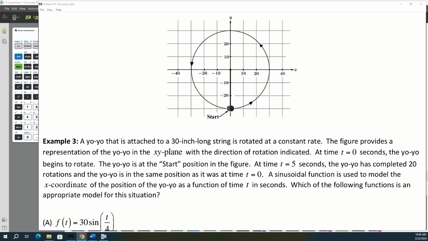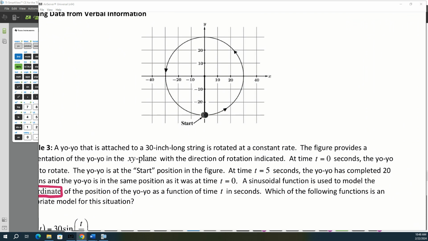A sinusoidal function is used to model, this is important, the x coordinate. Sometimes it tells you it's used to model the x coordinate. Sometimes it tells you it's used to model the y coordinate. So pay attention to that because it changes from problem to problem. The x coordinate of the position of the yo-yo as a function of time, t in seconds. Which of the following is an appropriate model?